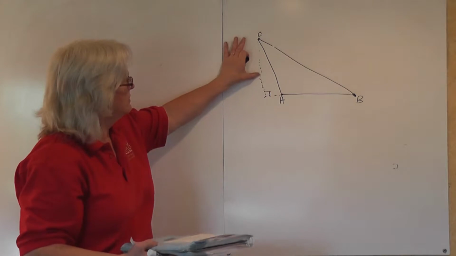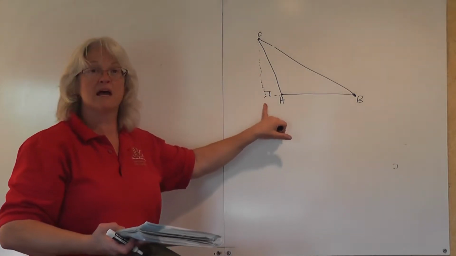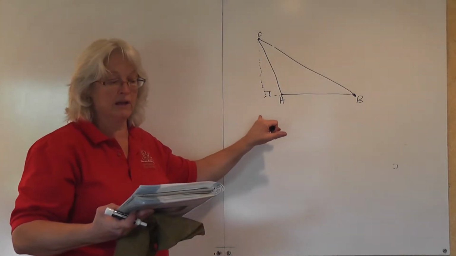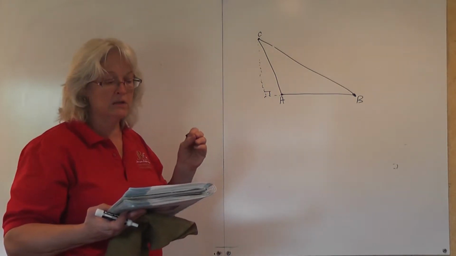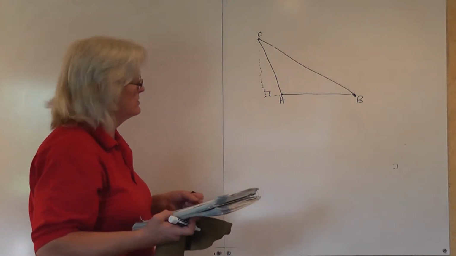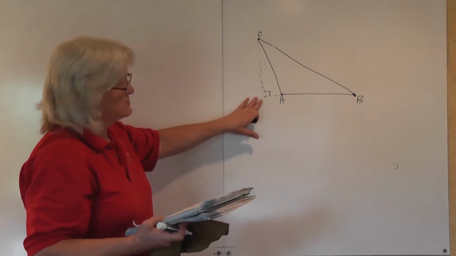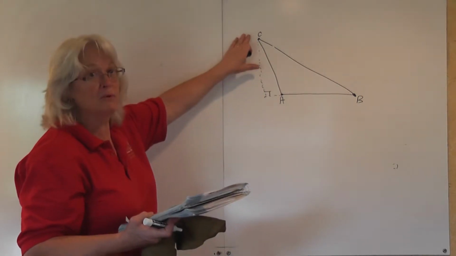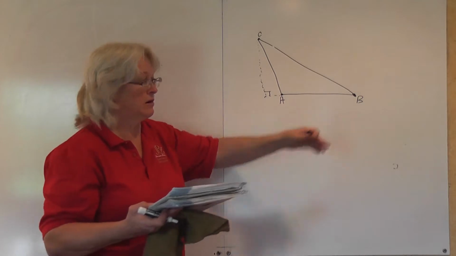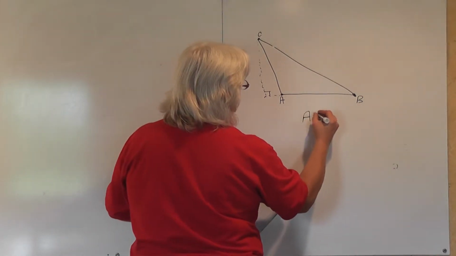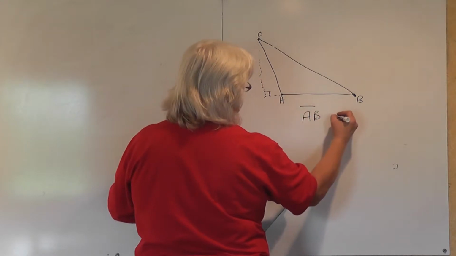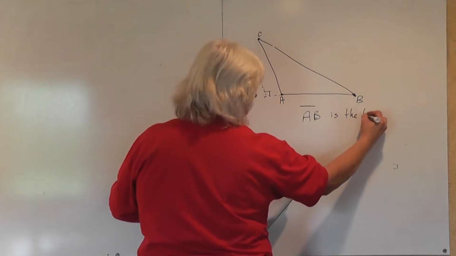This is the height. Remember, height always has to be indicated with a right angle. And we said that the height is always the perpendicular distance from the base to the vertex opposite the base. So here, line segment AB is the base.